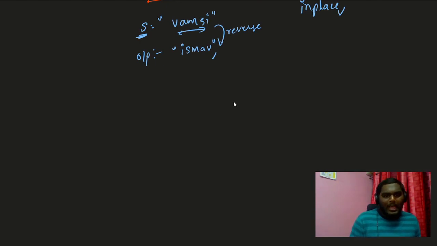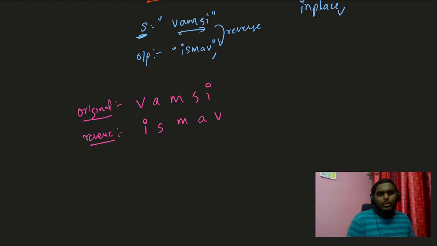Let's say we have our string. This is our original. If you reverse it, what will it become? It will become I S M A V. Please observe the original and reversed strings. What are your observations?